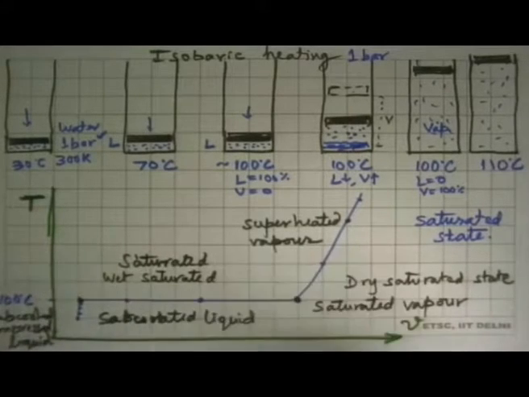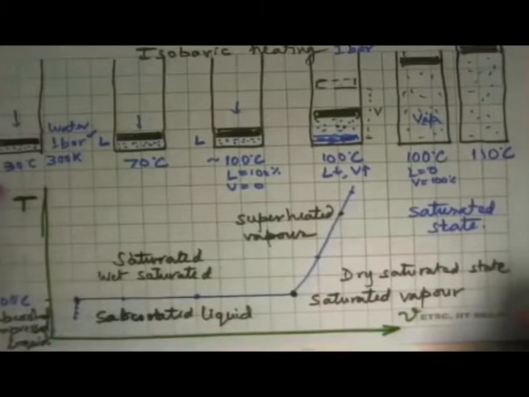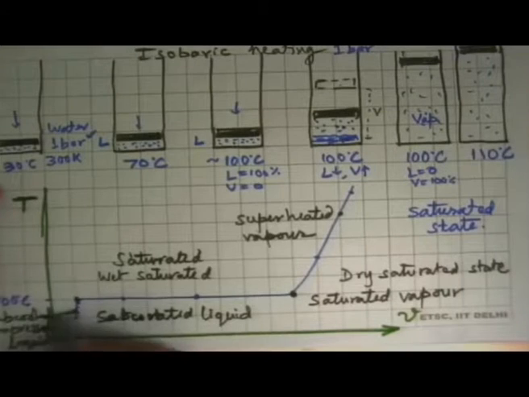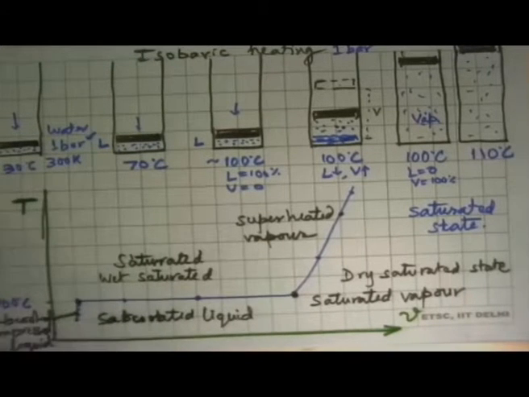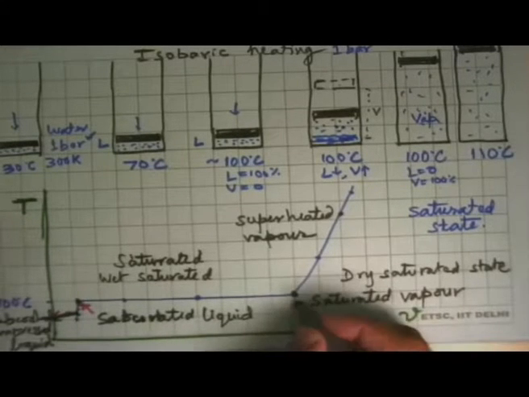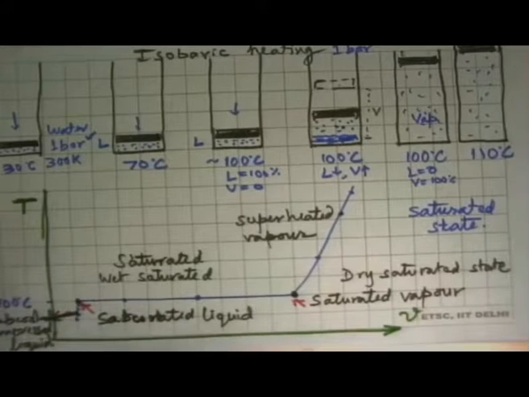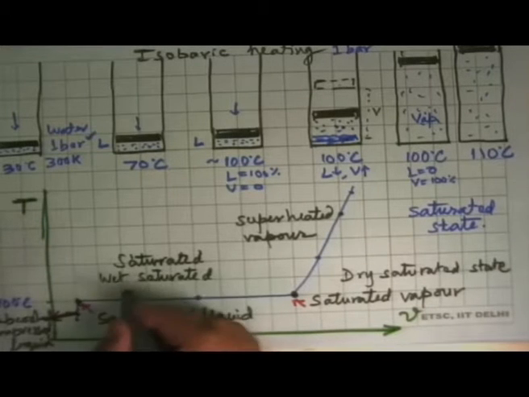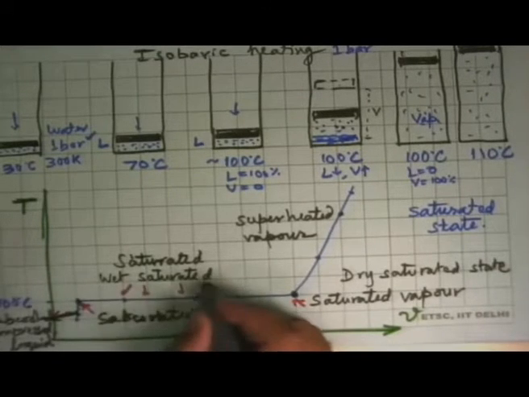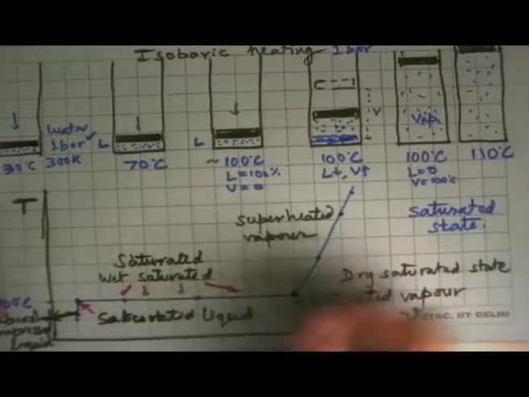So several important things have come out from this small discussion. These are all subcooled liquid or compressed liquid states. This point is the saturated liquid state. This point, the saturated vapor state. In between, all these are wet saturated states.